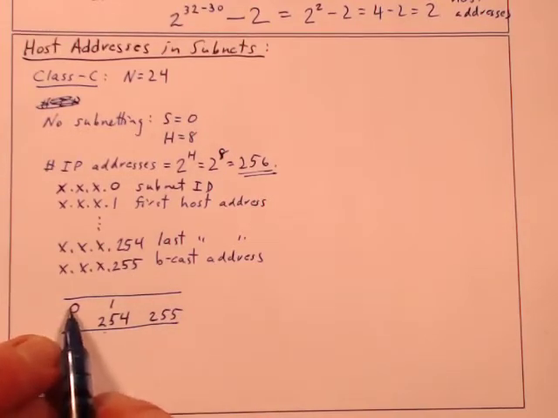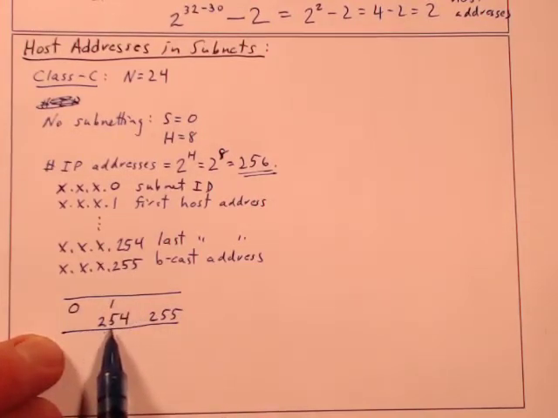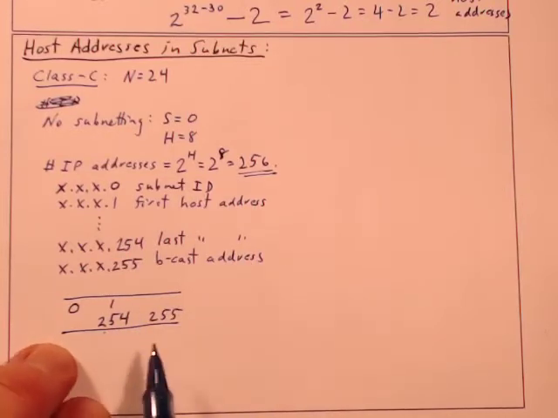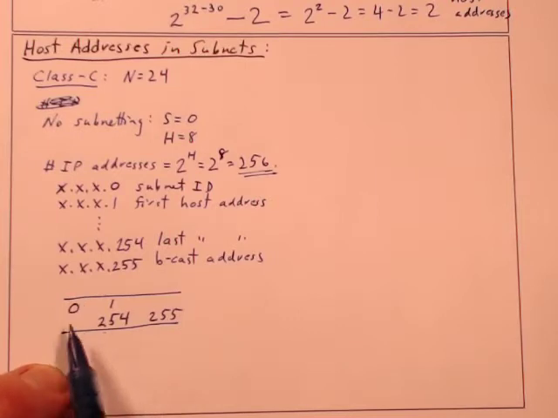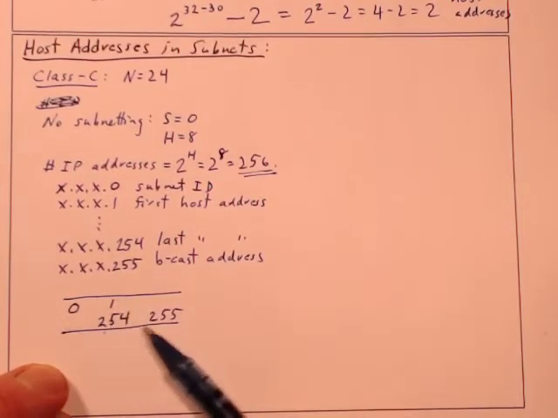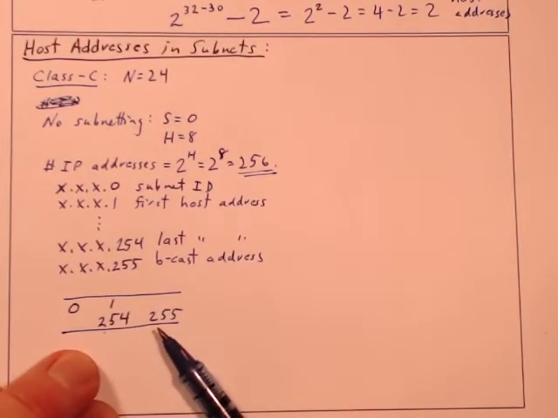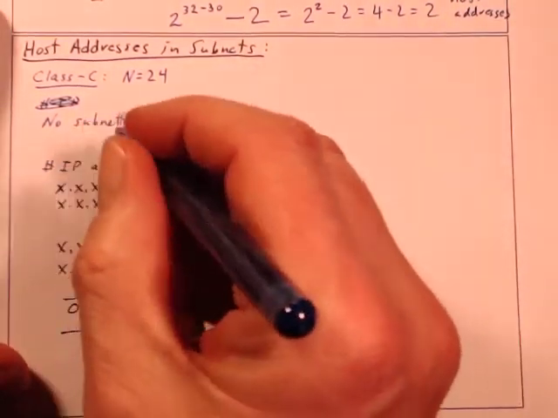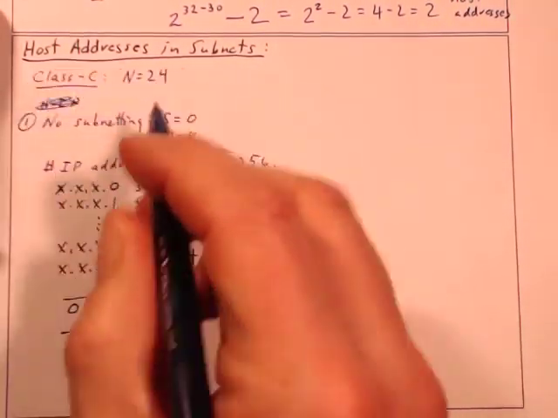So 0 is the subnet ID, 1 to 254 are host addresses, 255 is broadcast. There's just one chunk here, so there's only one block in my breakdown. If I have the case of no subnetting, I'll call that case 1.